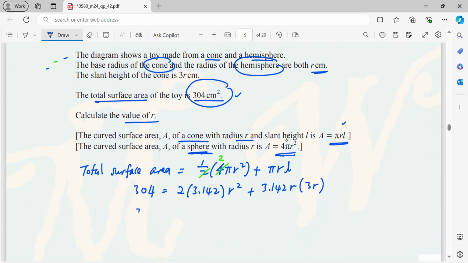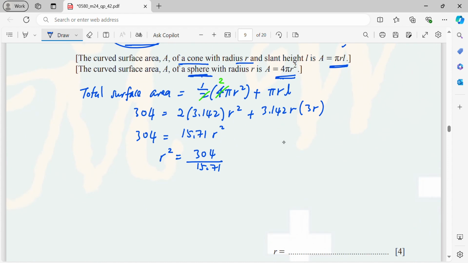So 304 equals, when you add up these two terms on the right side, 15.71 r squared. Then we need to find the r value. So r squared is 304 over 15.71, and r is the square root of that value.